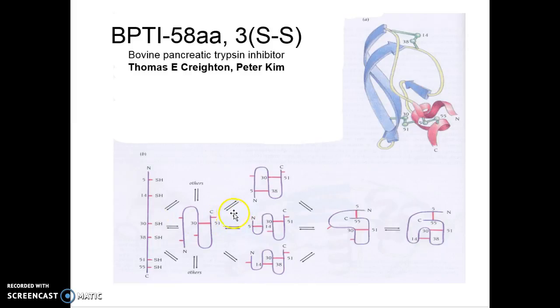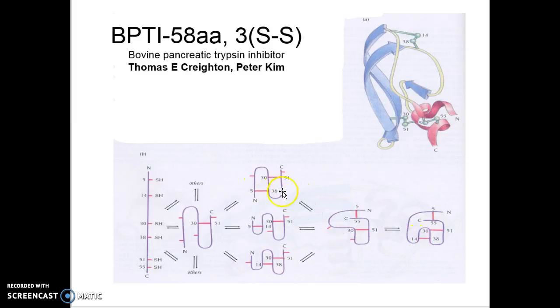They found a non-native disulfide bond sometimes accumulate. For example, in this case, disulfide bond between 5 and 38, that is not the native disulfide bond, right? There is no such thing.